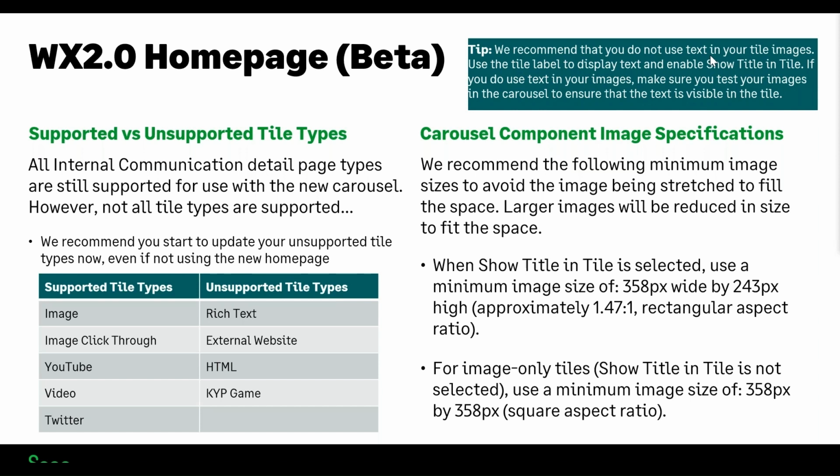For the tiles on the homepage, how do we display the information in other languages? Yeah, so probably easier to bring up my screen. Bear with me. I'm just going to swap my screen share.